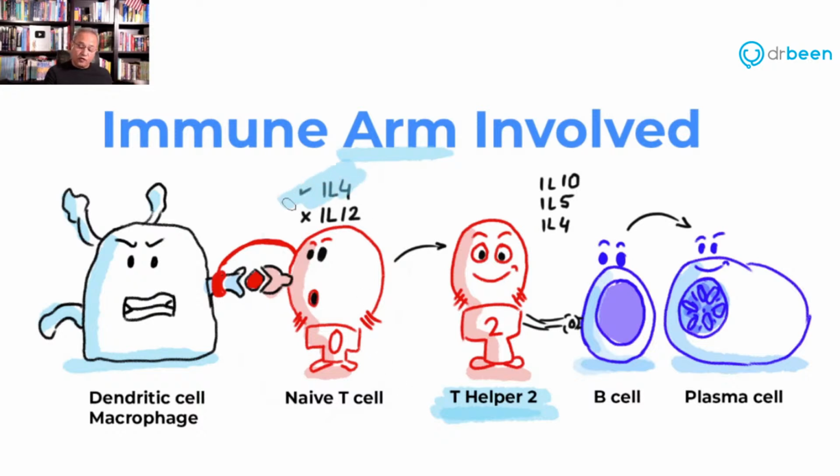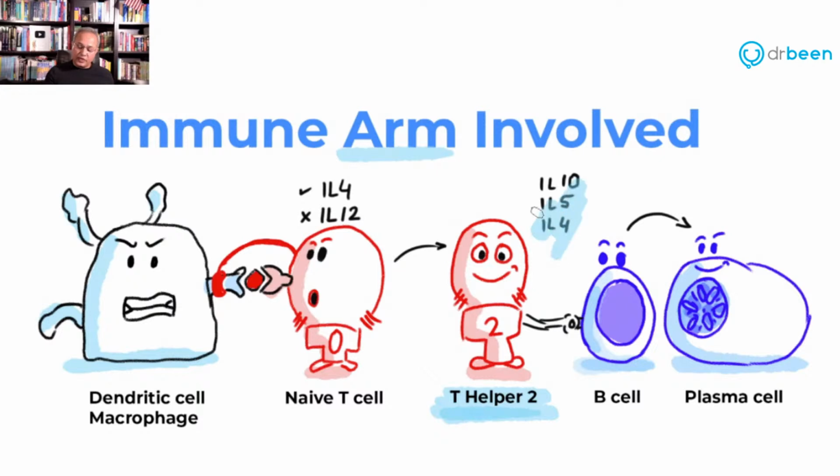If interleukin 4 is present, then we say that the naive T cell will become a T helper 2 cell. This also needs that IL-12 should be absent. If you put interleukin 12 on a naive T cell, then it will become T helper 1. But if you have the absence of interleukin 12 and presence of interleukin 4, then a naive T cell converts into T helper 2. That is the pathway we're talking about.